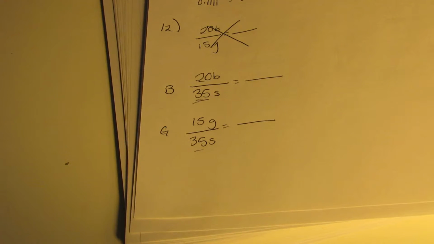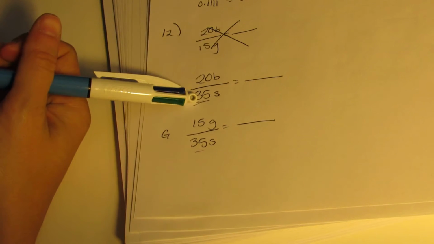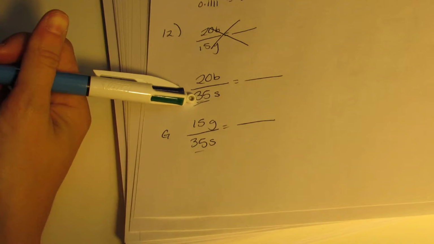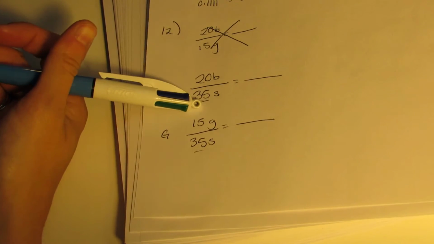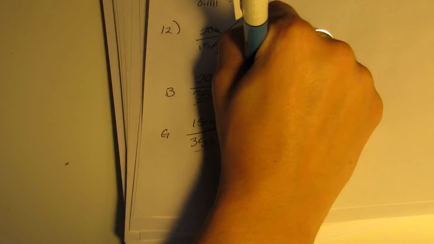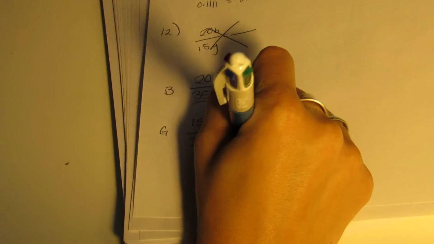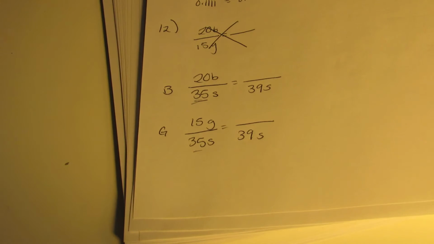Now it says if 4 more boys are added to the class, how many girls must be added for the ratio to stay the same? I'm going to find girls and boys, okay? So if I add 4 to the total, that means 35 plus 4 for boys and girls. Because now there's a total of 39 students. Now there are 39 students total in my class, okay?